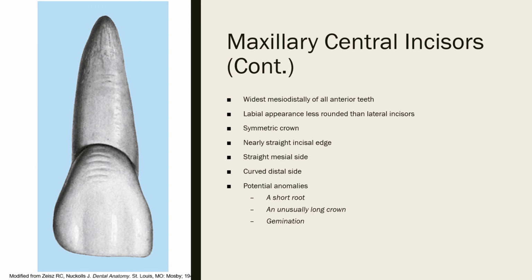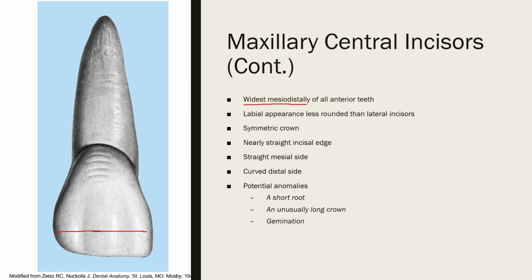Now this is a question that is often asked, and that is, which tooth is widest mesiodistally? Okay, so what that means is it's going to be wider from here across. Okay, it's going to be widest this way than it is from the facial to the lingual aspect.